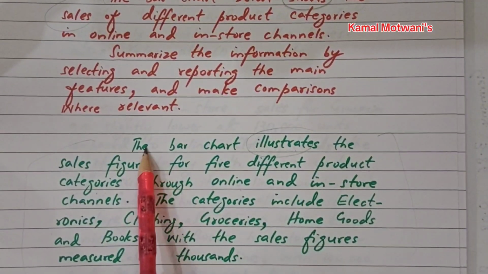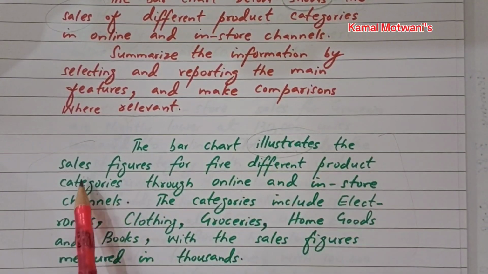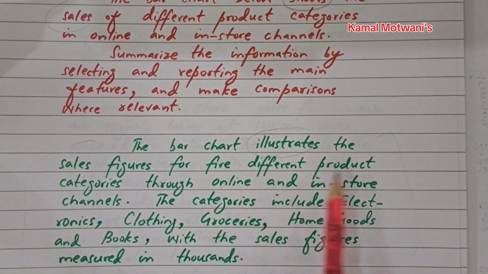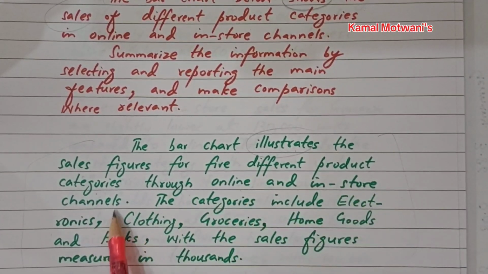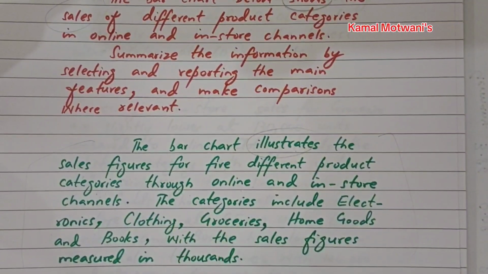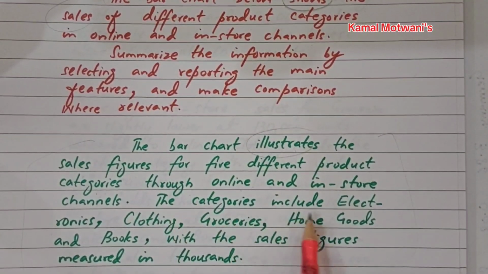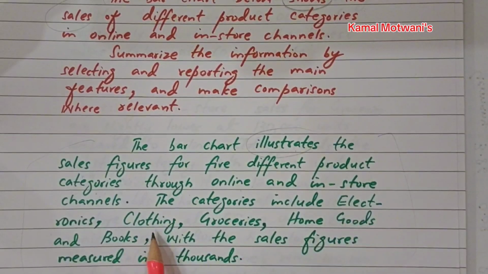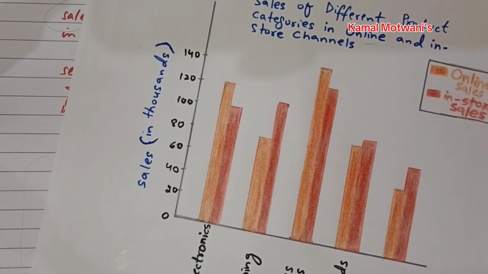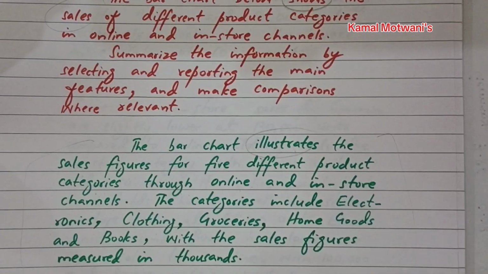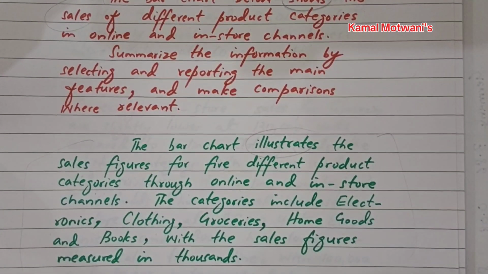I'm repeating, the bar chart illustrates the sales figures for five different product categories through online and in-store channels. Now I have also narrated the categories. What are they? The categories include electronics, clothing, groceries, home goods, and books, with the sales figures measured in thousands. See, sales figures measured in thousands. This is how I have written the introduction.